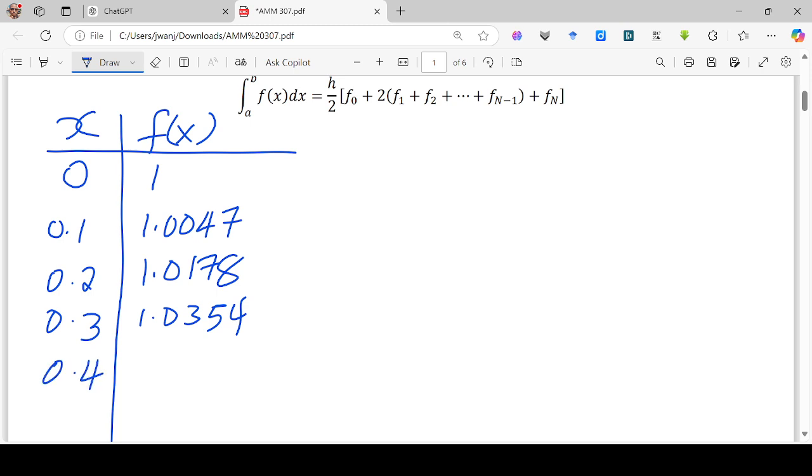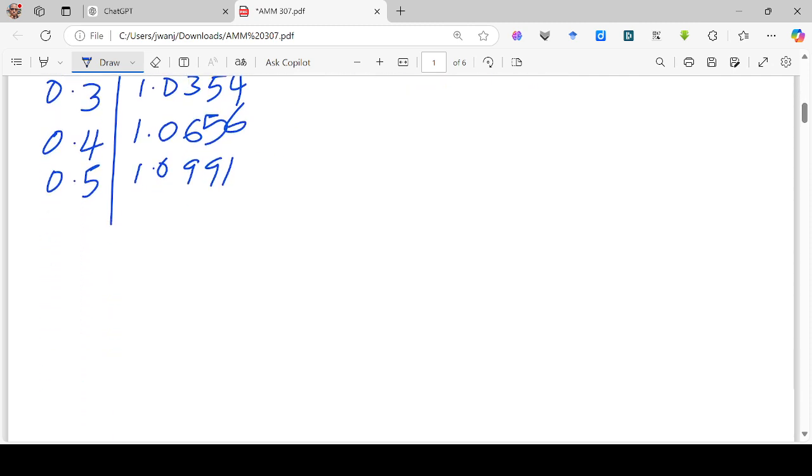0.4, we get 1.0656. 0.5, we have 1.0991, and so on.